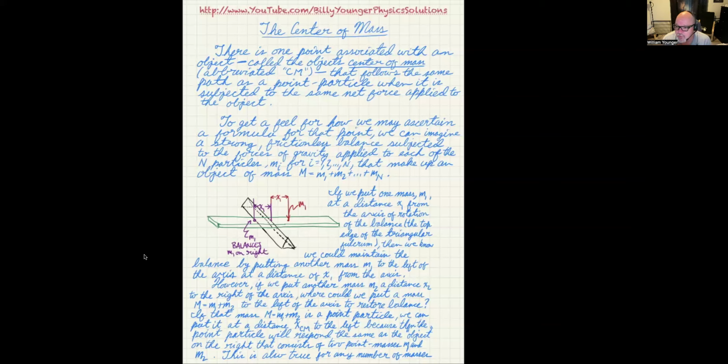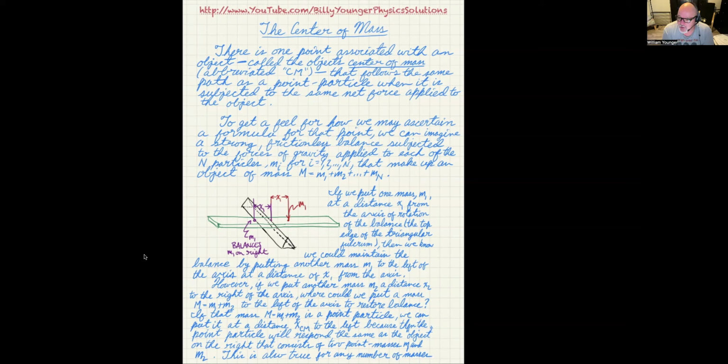So in order for us to better understand that application of physics to full-size bodies, we need to have some understanding of center of mass. That brings me to this specific definition of center of mass that I've made up and given to you. There is one point associated with an object called the object's center of mass, abbreviated cm, that follows the same path as a point particle when it is subjected to the same net force applied to the object.